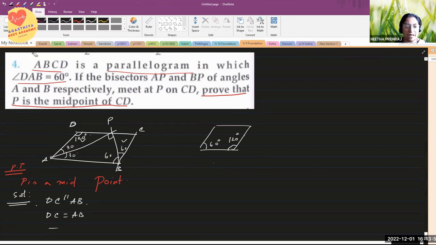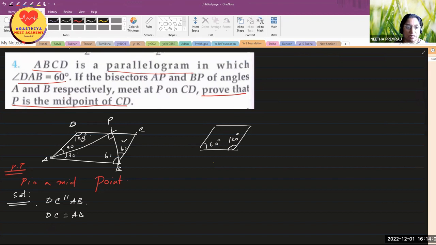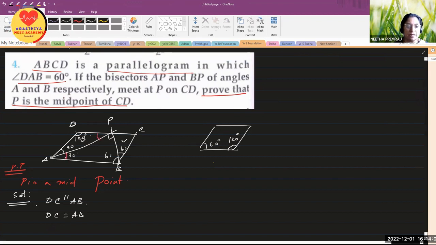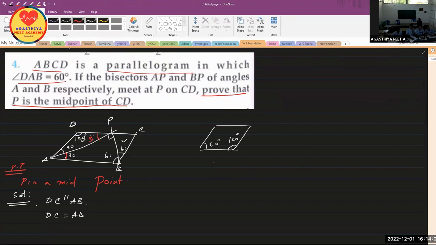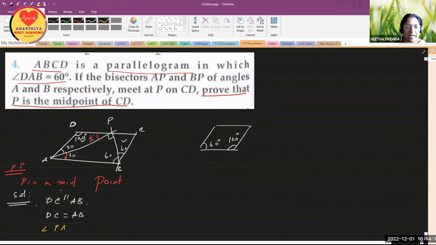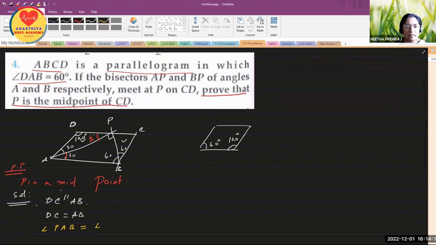So you can say these two angles are equal. This is 30, this also 30, isn't it? Why? Very good. Angle PAB is equal to angle APD because alternate angles.